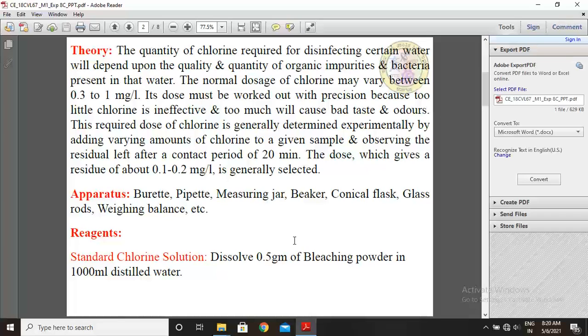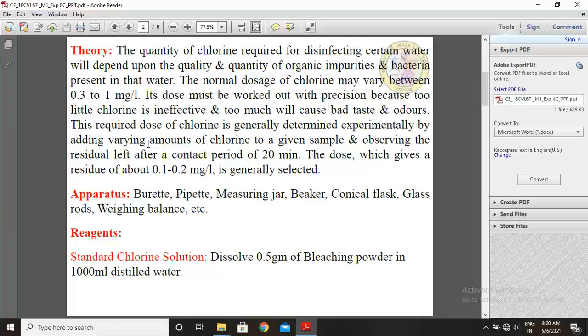The quantity of chlorine required for disinfecting certain water will depend upon the quality and quantity of organic impurities and bacteria present in that water. The normal dose of chlorine may vary between 0.3 to 1 mg per liter. Its dose must be worked out with precision because too little chlorine is ineffective and too much will cause bad taste and odors.